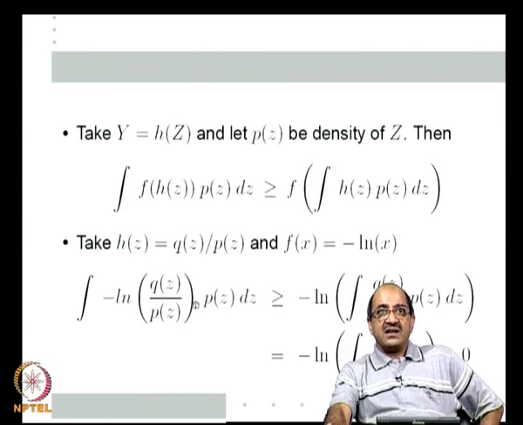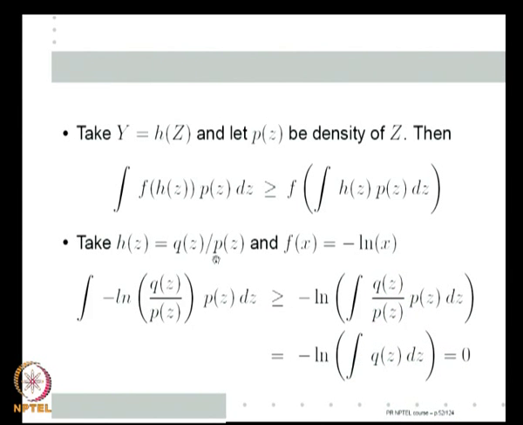We take h(z) as the function Q(z) by P(z), where both Q(z) and P(z) are density functions. And we take f(x) to be minus ln x, which happens to be a convex function. Then what will this become?